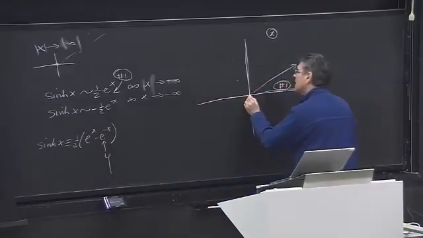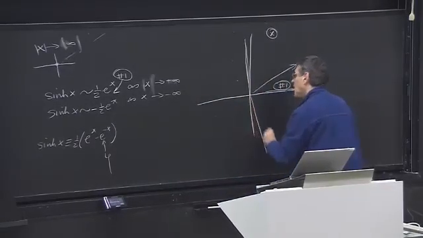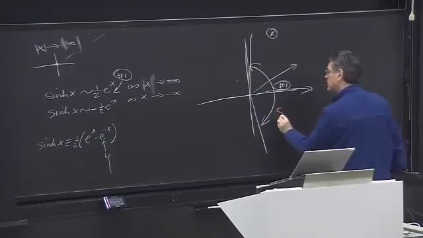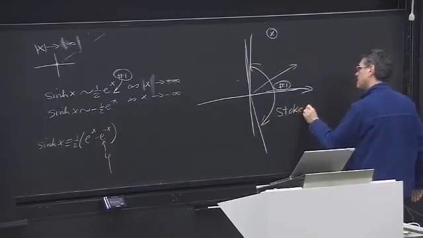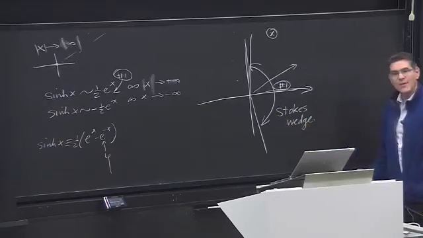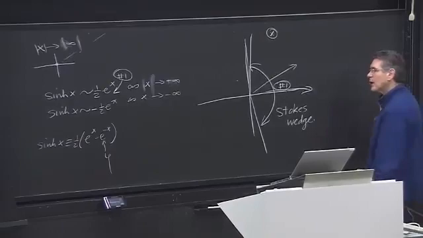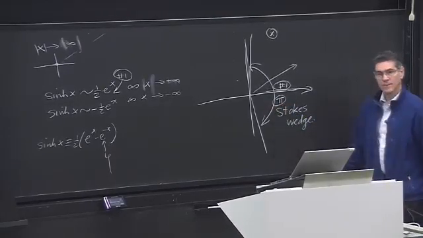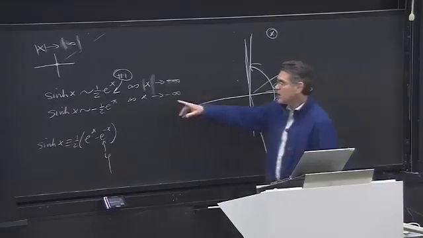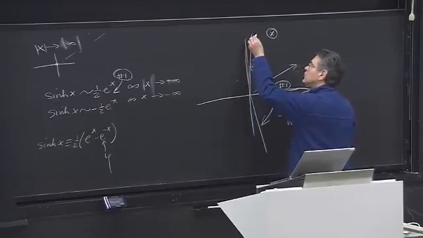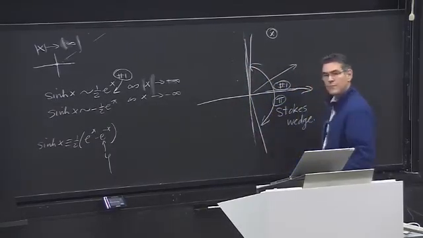It is only valid in a wedge called a Stokes wedge, and the opening angle of the Stokes wedge is pi. This asymptotic approximation ceases to be valid as soon as you get to the imaginary axis. It's no longer valid here.